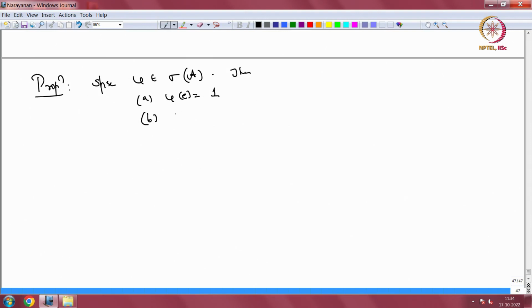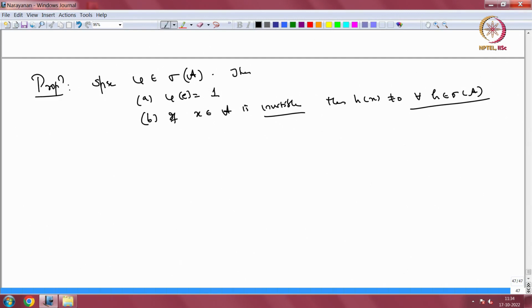(b) If x in A is invertible, then h of x is not 0 for every h in the spectrum of A, right. For every multiplicative linear functional, the value of that multiplicative linear functional at the point x is non-zero if x is invertible.